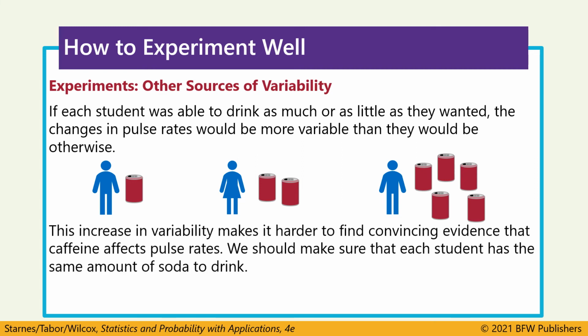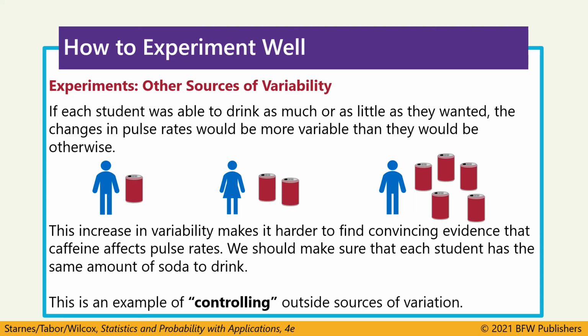So this increase in variability makes it more difficult to actually identify an increase caused specifically by caffeine. So we want to make sure that everyone drinks the same amount. The control group is getting no caffeine, the treatment group is getting a specific amount of caffeine. This is an example of controlling outside sources of variation by limiting the amount of soda that they drink.